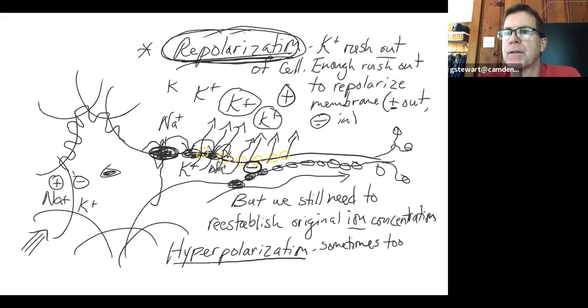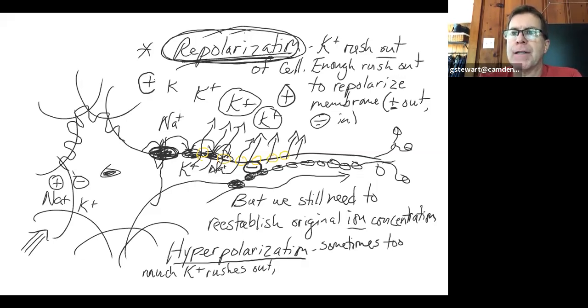It's hard to put the brakes on potassium rushing out of the cell. Sometimes too much potassium rushes out during repolarization. And when that happens, we cause an even stronger positive atmosphere out here compared to in here than there was at the beginning of the story.